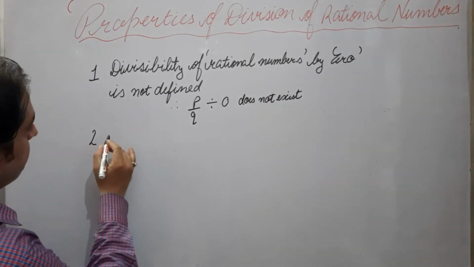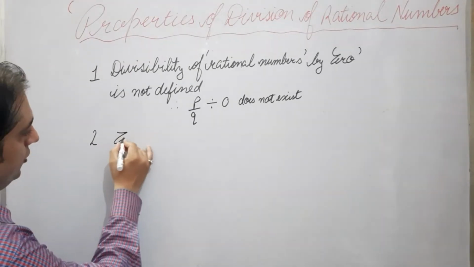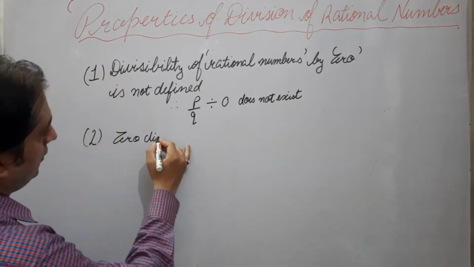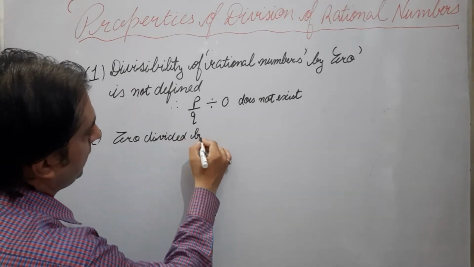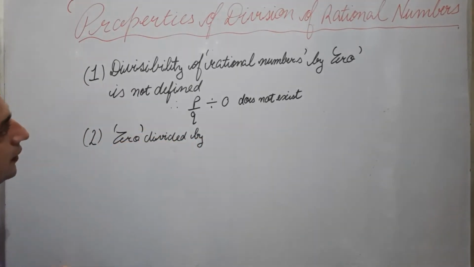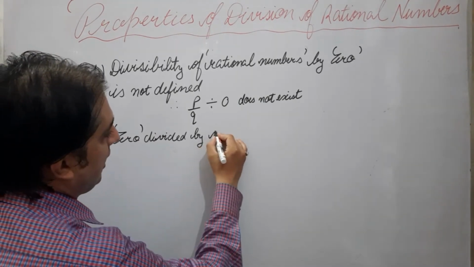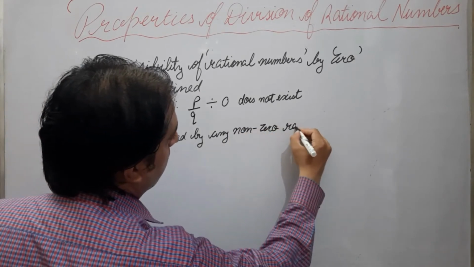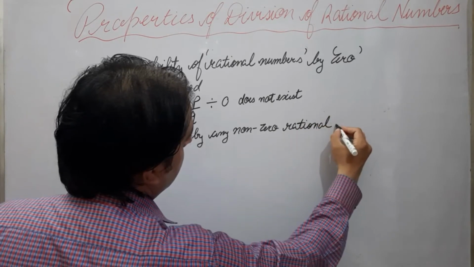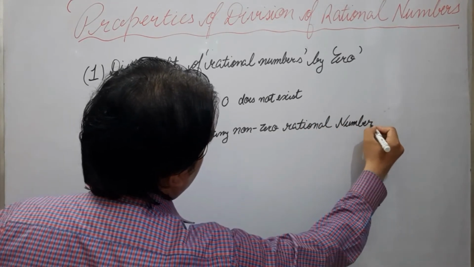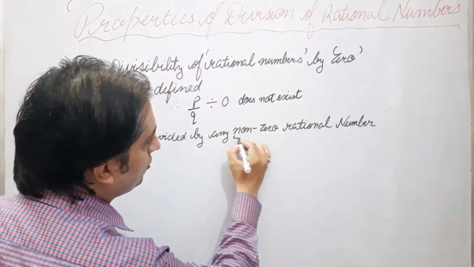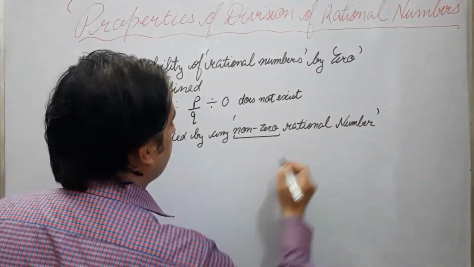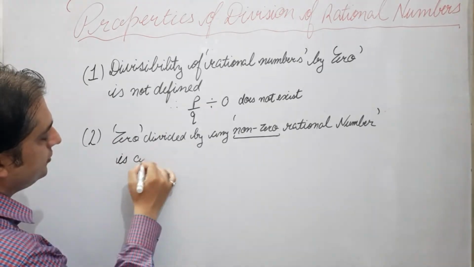Second, now we take the reverse case: 0 divided by any non-zero rational number. 0 divided by any non-zero rational number is always 0.